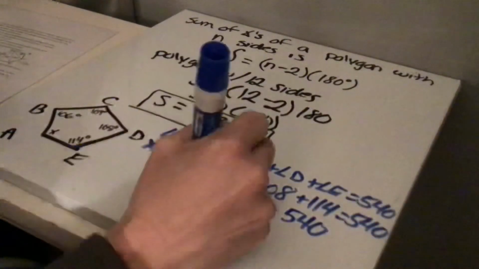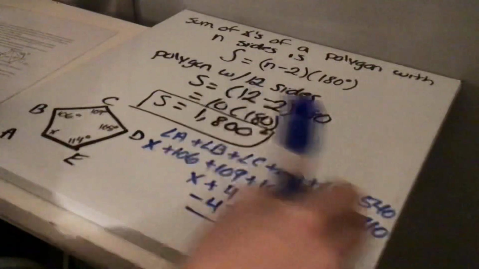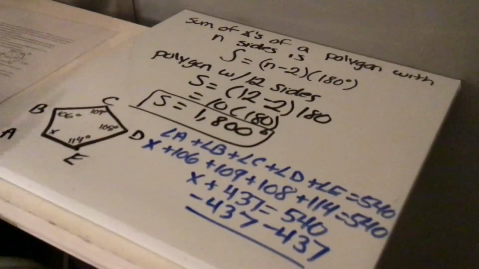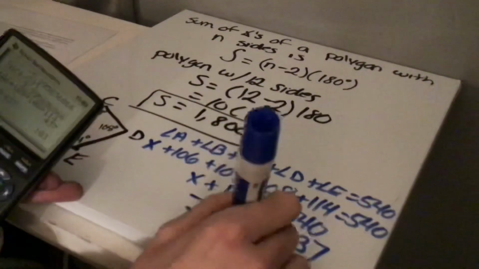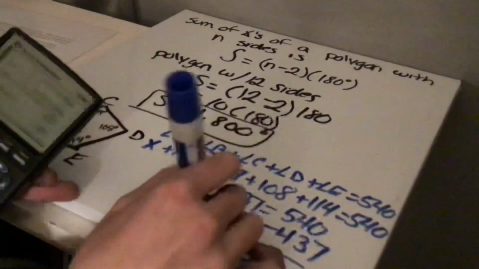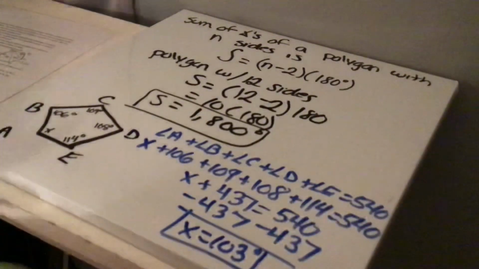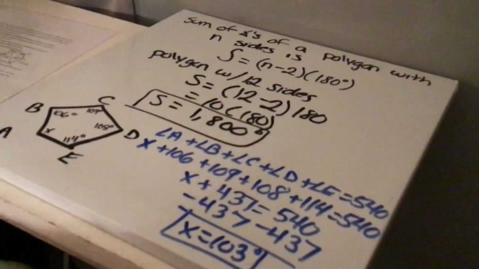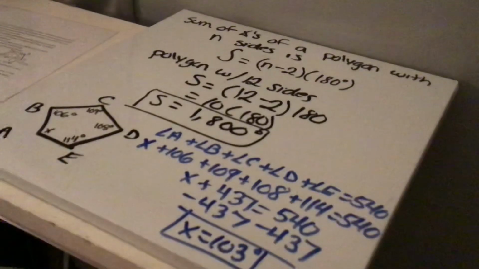Then get x by itself, subtract 437 from both sides, and we get that x is 103 degrees. Okay, and you found a missing angle in a polygon, or in a pentagon. It's a 5-sided polygon. And that is lesson 11.6.